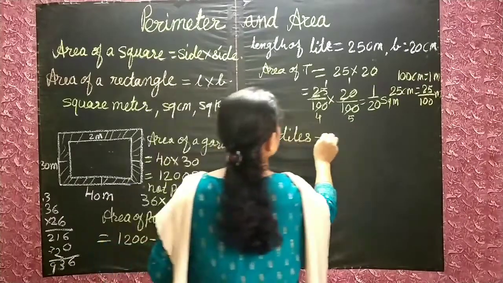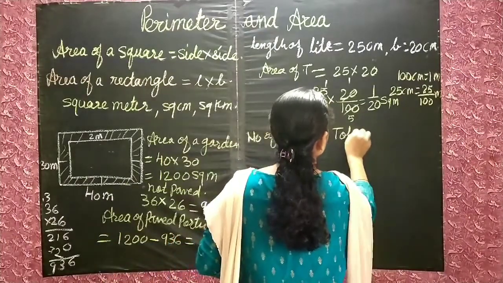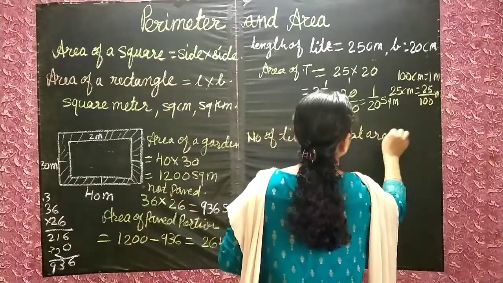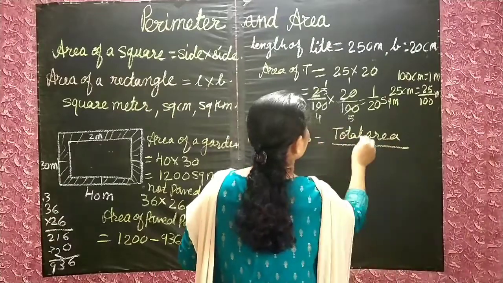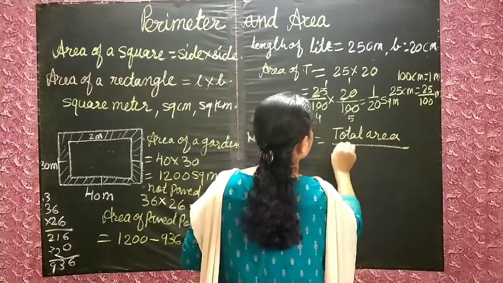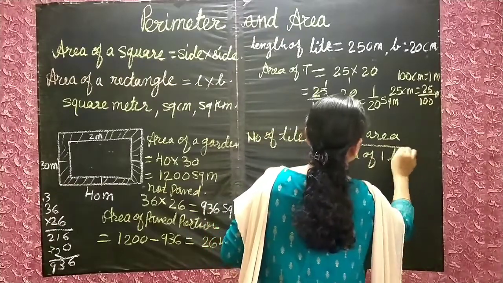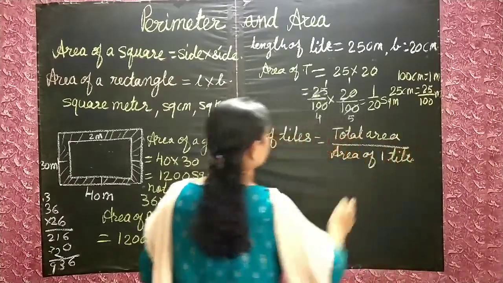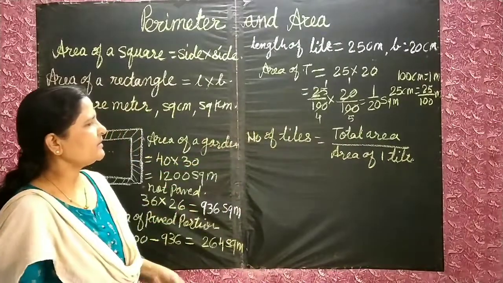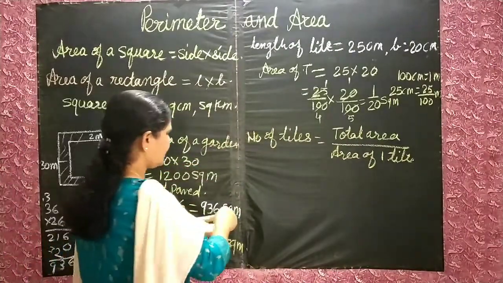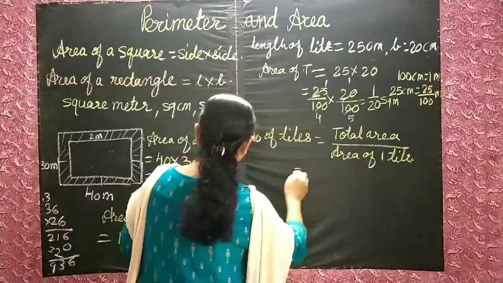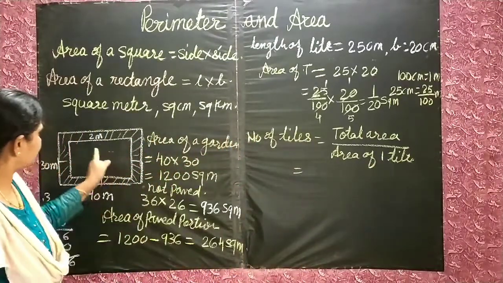Number of tiles is equal to total area upon area of one tile. Okay, got it? Now how much is the total area?